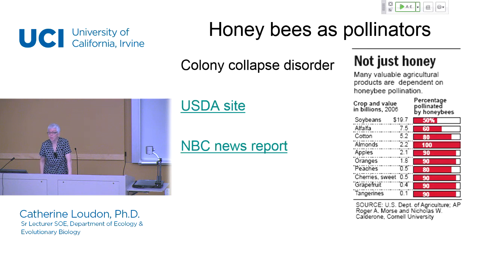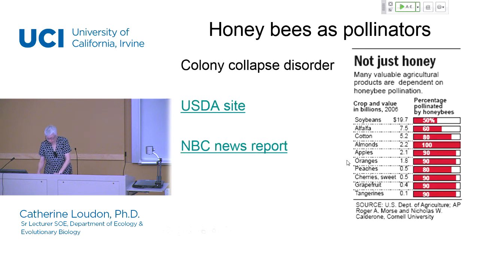These are all angiosperms. The rest of the things on this list are 80 to 90% dependent on honeybee pollination. So when the honeybees are in decline, this means that the pollination services provided by these important creatures are also in decline.